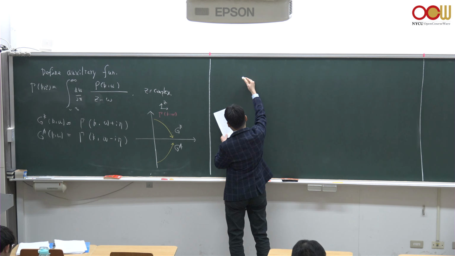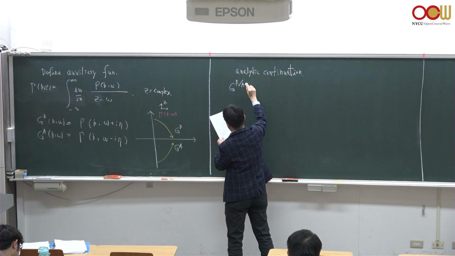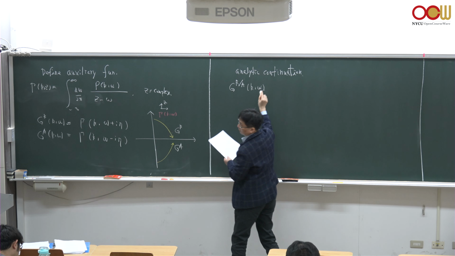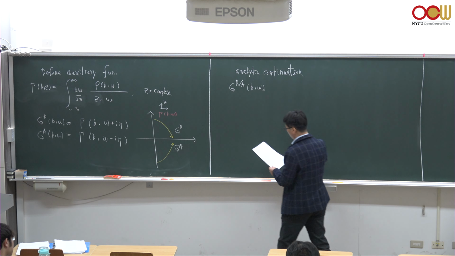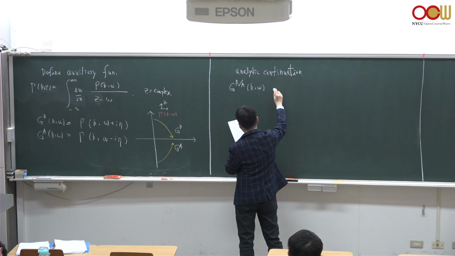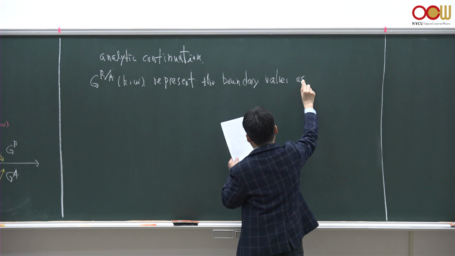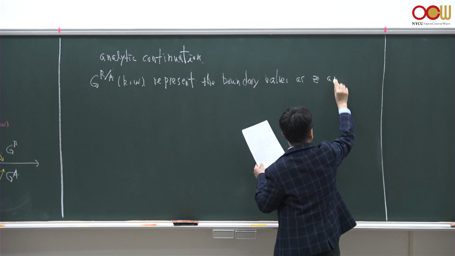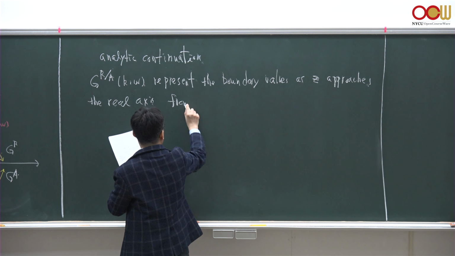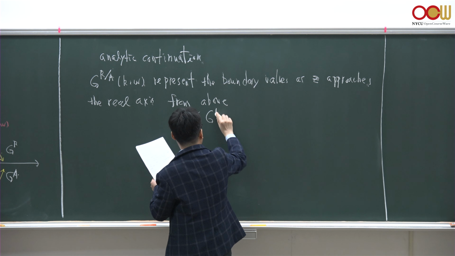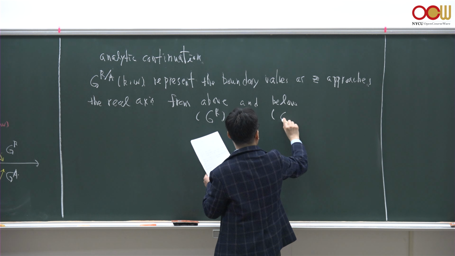So this is called analytic continuation, and this is a very important point which allows us to link the imaginary Green's function to the real Green's function. So the G retarded and G advanced Green's functions represent the boundary values as z approaches the real axis from above, which corresponds to G retarded, and from below, which corresponds to G advanced.